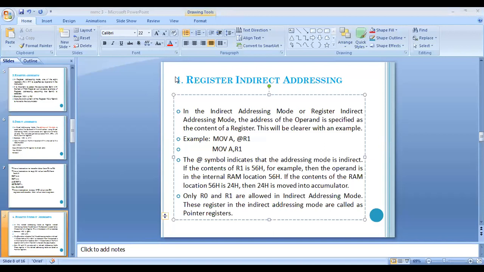Whatever the value of R1 is, it is going to transfer into the A register. Now if R1 is 05, and we have written MOV A, R1, that 05 value is copied into the A register. That is simply your register addressing mode.